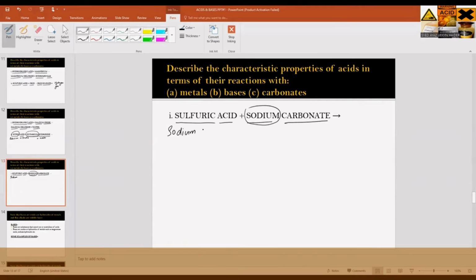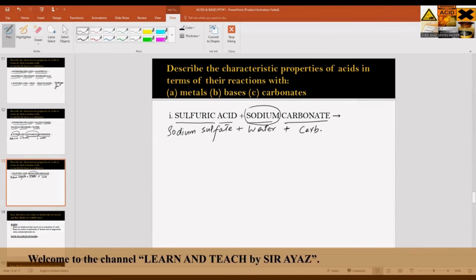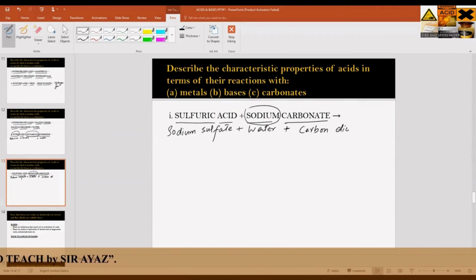So you will get sodium sulfate. And whenever you react metal carbonate with acid, you will get three products: metal salt, I have just written the name of the salt, water, and carbon dioxide. So I will write water plus carbon dioxide.